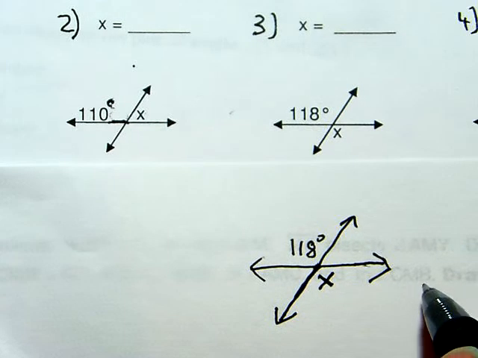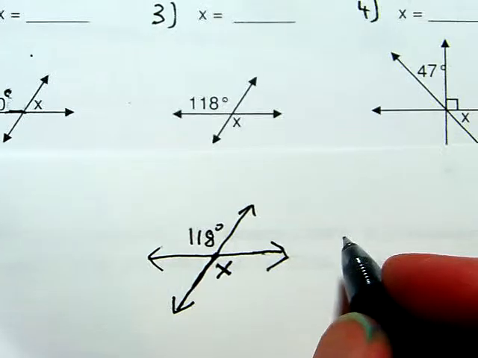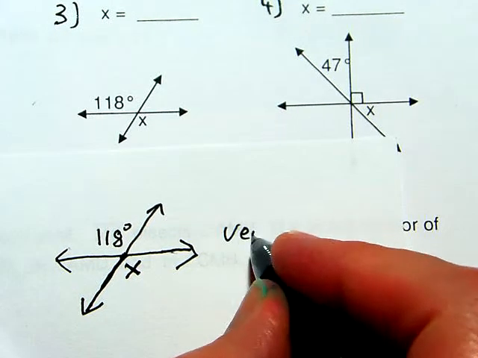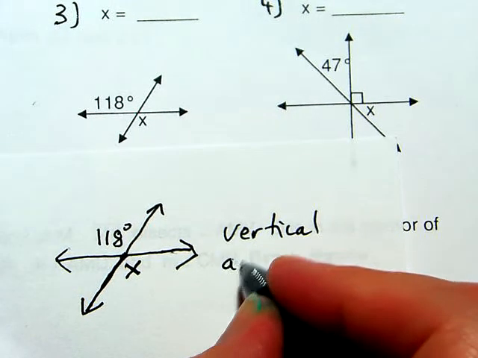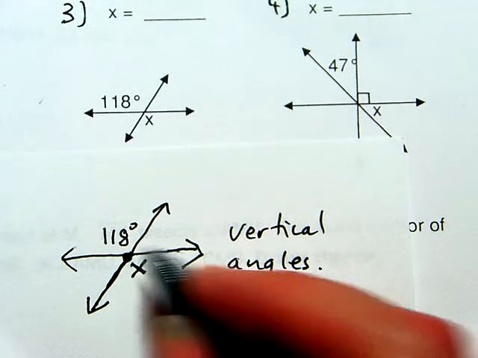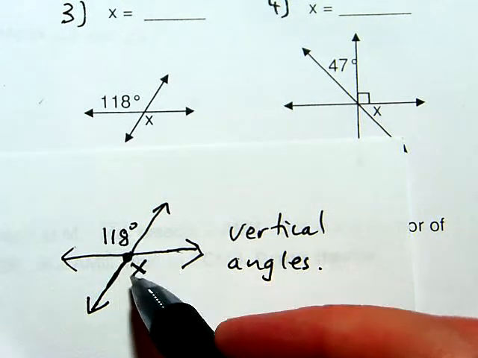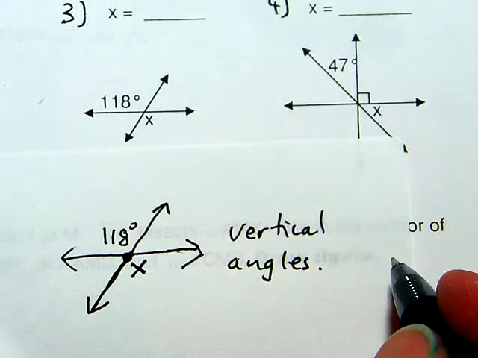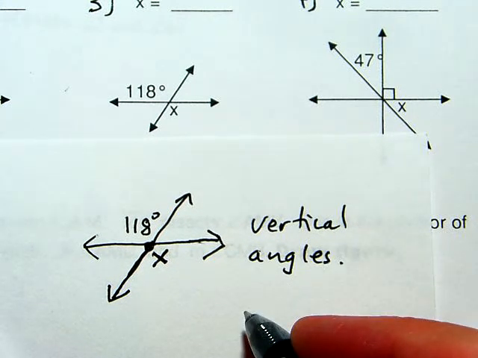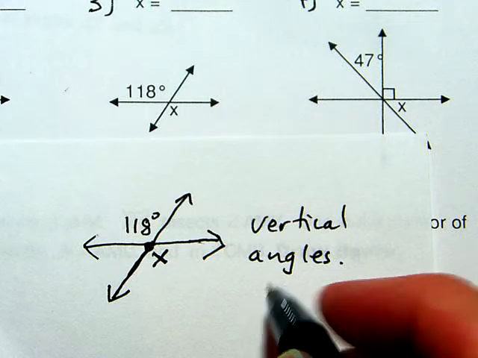These are vertical angles. Okay, so you have to try to recognize a vertical angle when you see it. Vertical angles, which mean, in brief, they share the same vertex, okay, but they're on opposite sides of the vertex. And there's something that's very important about vertical angles, and that's that the measure of vertical angles is equal.